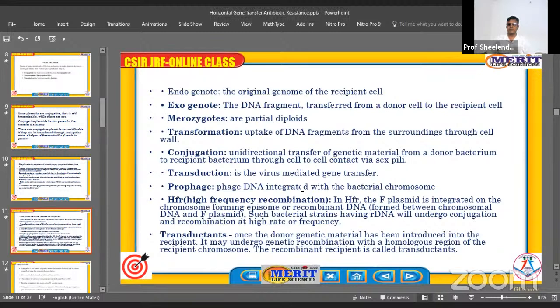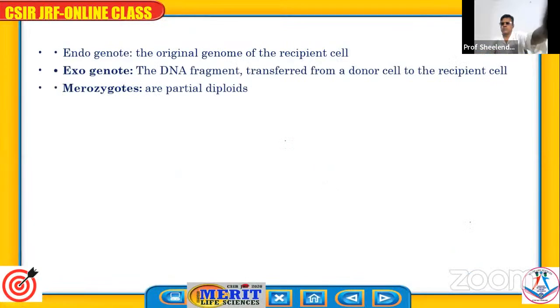So let us start again. These are a few terms you must know, because they can be asked in your examination.